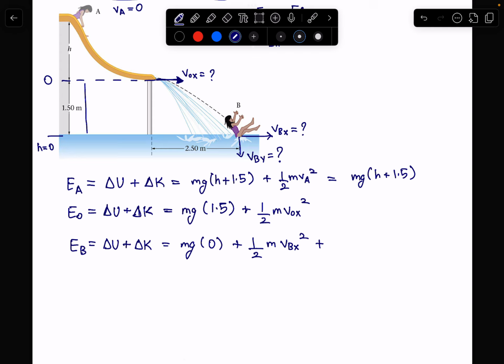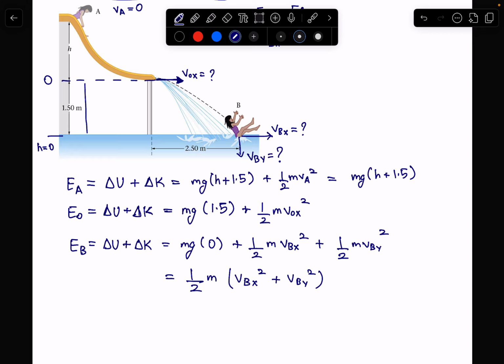All right, that's fine. We'll just leave it as Vby. So the total energy here is half m Vbx squared plus Vby squared. These are my energies.